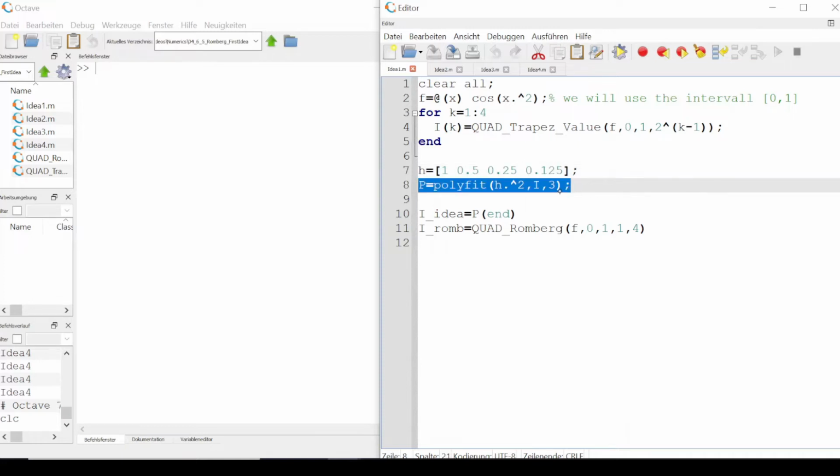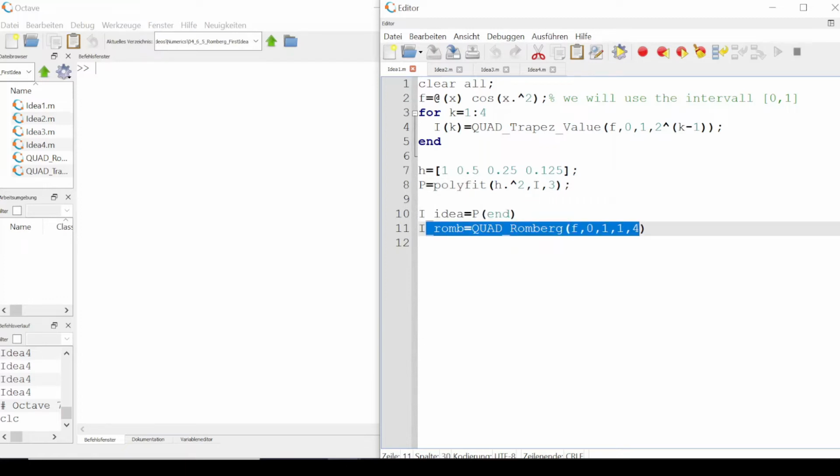Now here polyfit gets the polynomial of degree 3 interpolating these points, and here is this trick: we modify h. So polyfit thinks it will give us a polynomial of degree 3, but instead we get a polynomial of degree 6 belonging to h, not h squared. And then we compare.